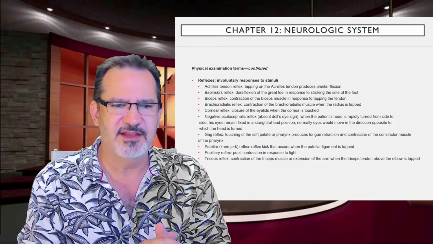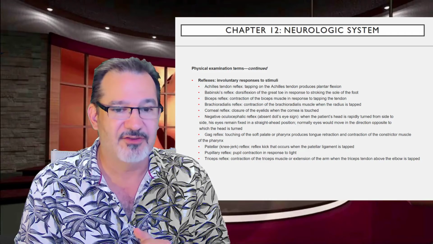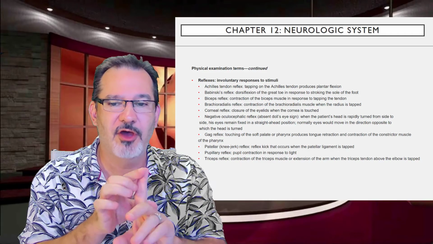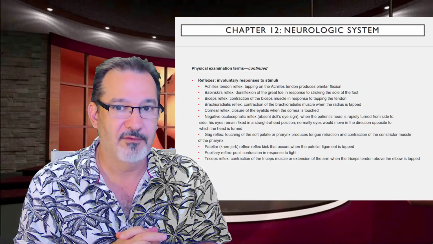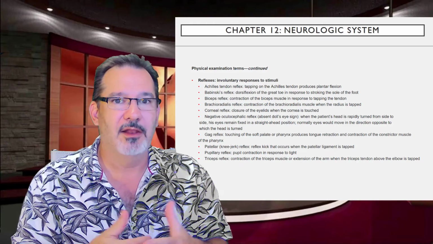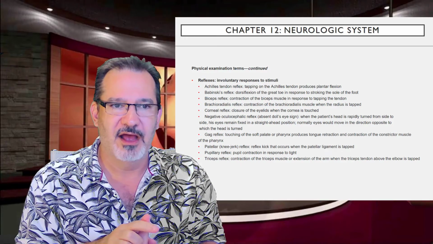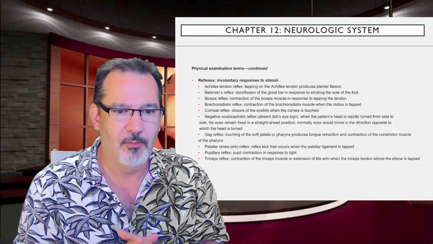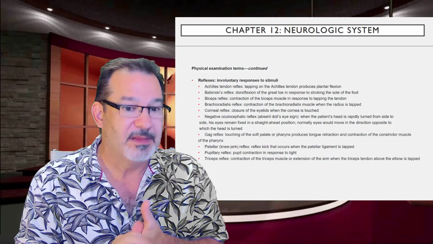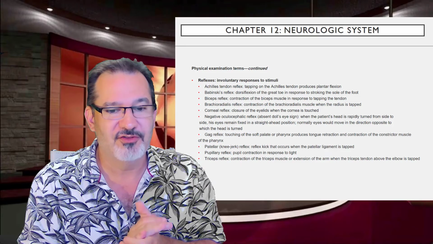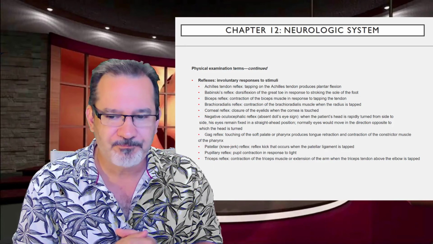Okay, so things like the Achilles tendon reflex. Babinski's reflex, dorsiflexion of the great toe in response to stroking the sole of the foot. That will tell us if there's any nerve damage that's causing lack of movement of that great toe. Biceps reflex, corneal reflex, gag reflex, touching the soft palate or pharynx, producing a retraction of the tongue.